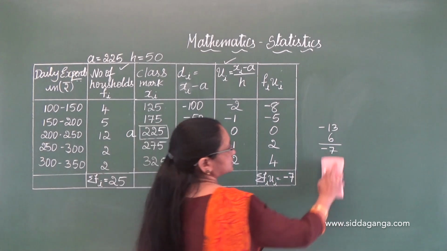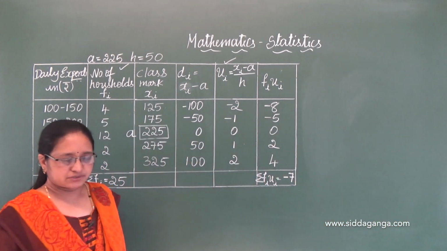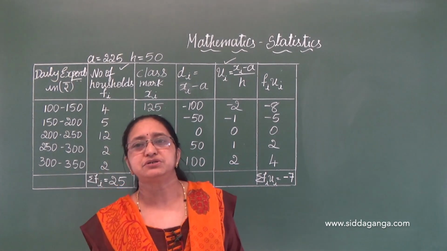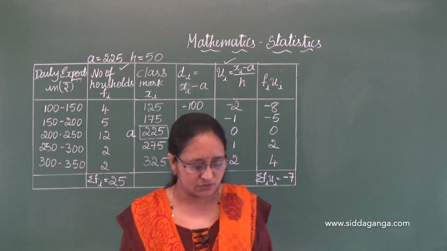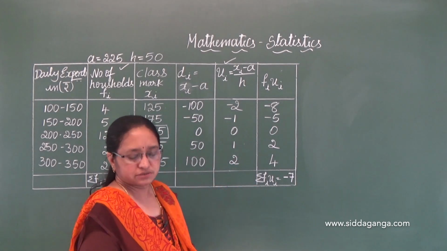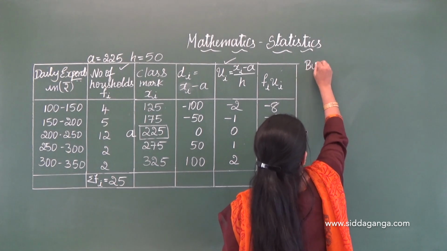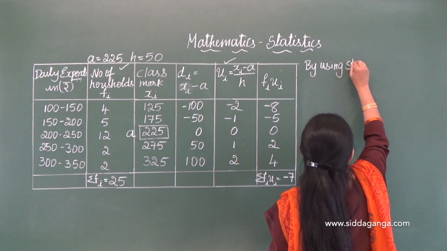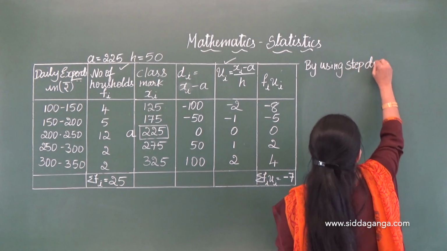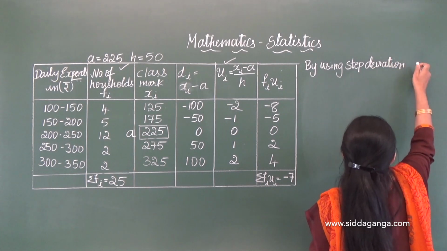Okay. Now, let us find out the mean by using step deviation method. Okay. So, first let us write the formula to find out the step deviation method. So, I will write by using step deviation method.